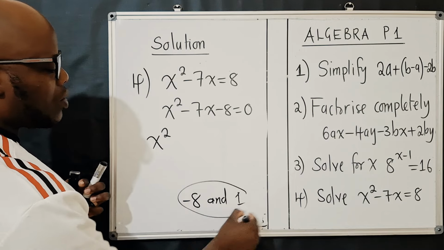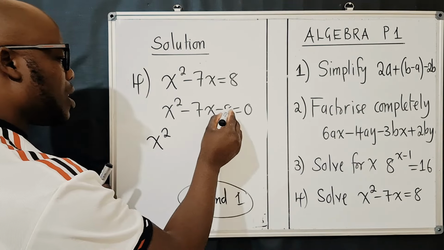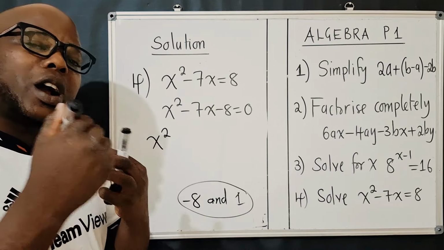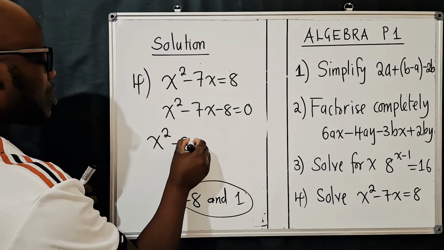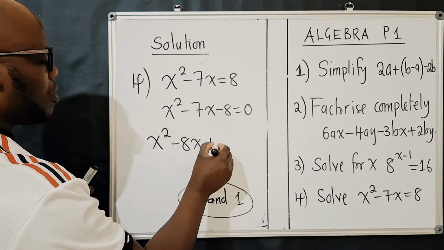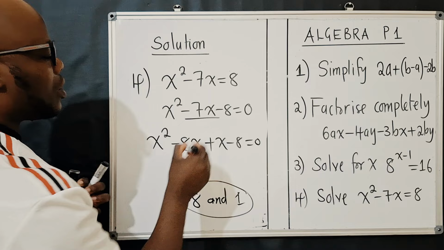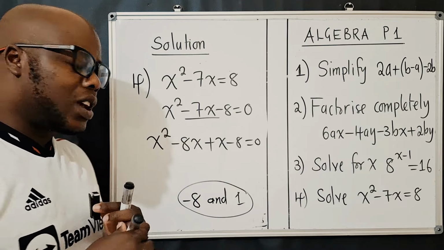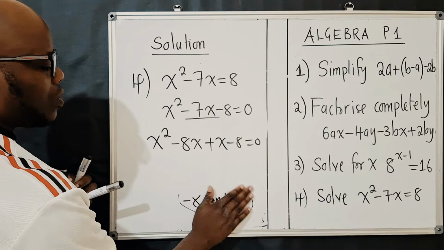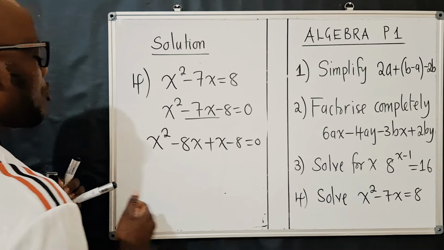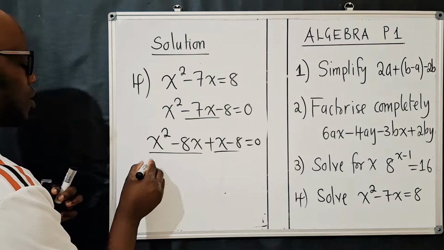So these are the two numbers such that when we multiply them, they give us negative 8, and when we add them, they give us negative 7. So we shall write them here. So you can see, in place of negative 7x, we write those two numbers. They will move with x. So from here, we now factorize by grouping like we did here on question 2.